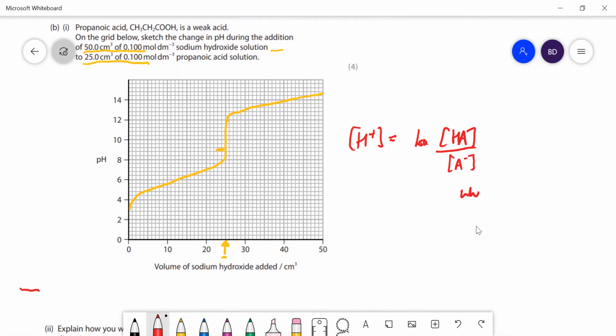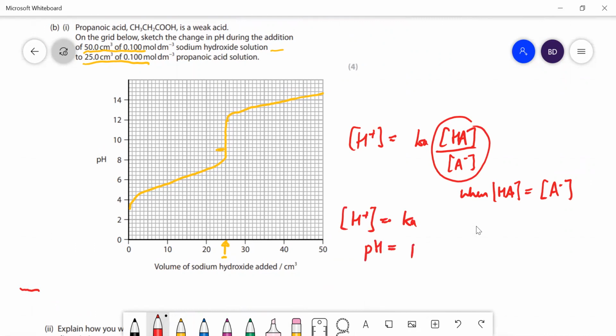Now when HA concentration is equal to A minus concentration, then H plus is equal to, that fraction becomes 1, is equal to Ka. Take minus logs of both sides of the equation, we get pH is equal to pKa, the minus log of the Ka.